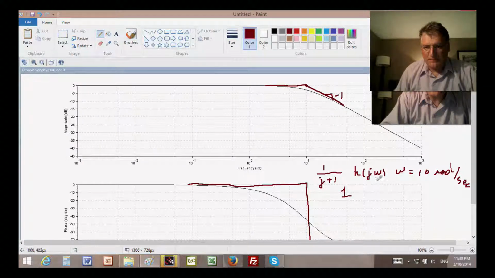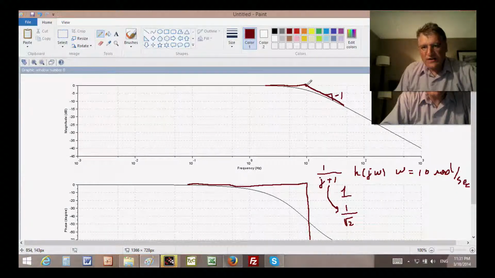0 decibels. So if we want to compare the difference between this and this, what we can do is compute the magnitude of this, which is 1 over square root of 2, and compare it with 1. The ratio of these two, that is the distance between these two, is square root of 2. Now, in decibels, square root of 2 is 3 dB.